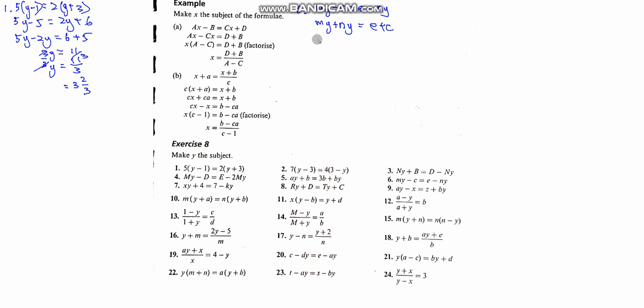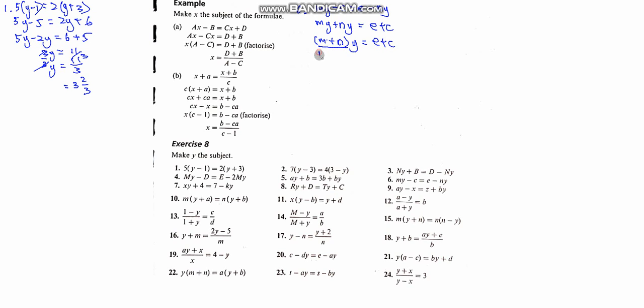Now take out the common factor, which is y. Y exists in this term. Y also exists in this term. So y is a common factor. I take out y, and I put a bracket. Now the next step is how do I remove m plus n and make y the subject only.